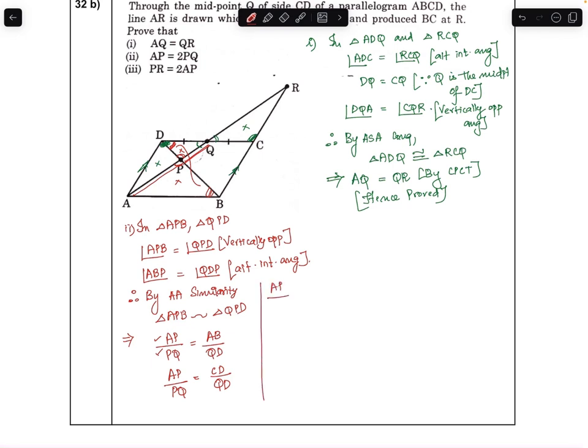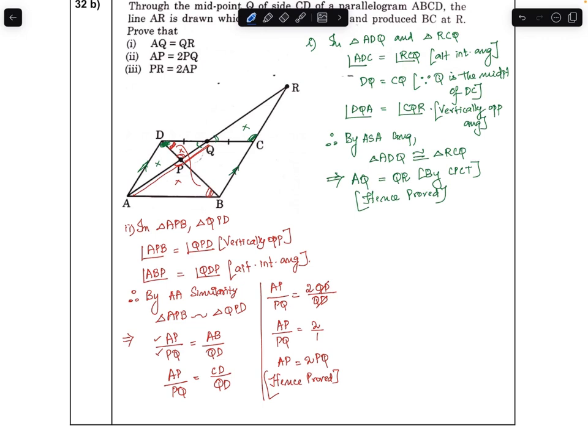AP upon PQ is equal to CD, which is 2 times QD, upon QD. QD gets cancelled, so AP upon PQ is 2 upon 1, which means AP is equal to 2 times PQ. Hence, the statement is proved.